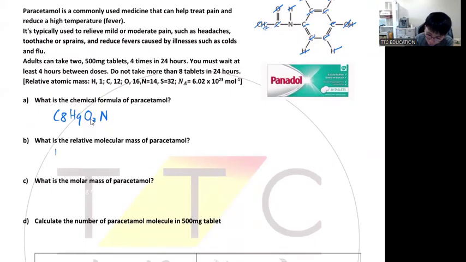Okay, so you 12 times 8, because 1C is 12, so 12 times 8 plus 1 times 9 plus 16 times 2 plus 14 times 1. Okay. So you plus together, then you should get some number. So 8 times 12, 96 plus 9, 105 plus 32, plus 14.